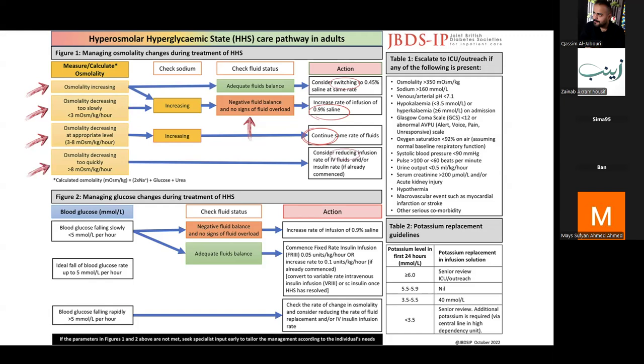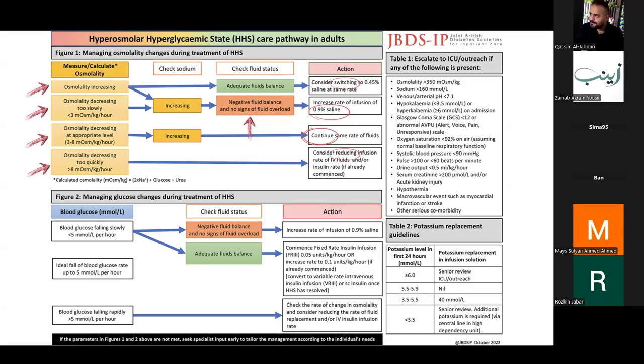And lastly, when the osmolality is going too fast, very quickly, that's when you need to reduce your infusion fluid rate and or stop insulin if the patient has been started on insulin. As we said, we don't want a rapid change in osmolality and we don't want a slow change in osmolality.